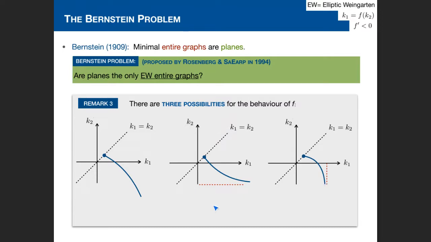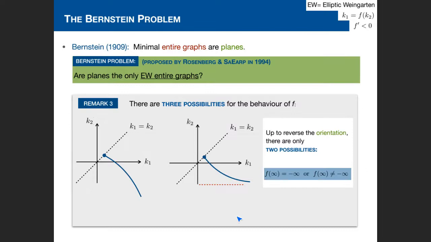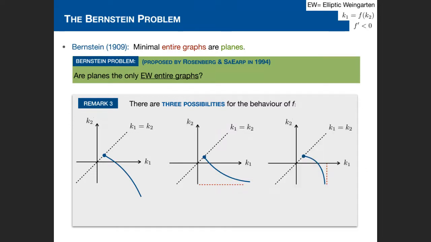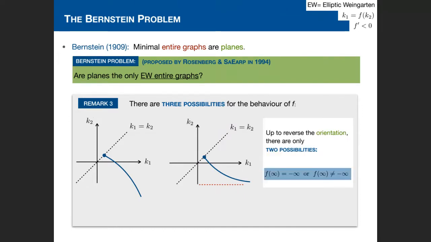So actually, up to reversing the orientation, these two cases we have here, this and this, are equivalent. So if we change the orientation, then we go to the other case. So up to reversing the orientation, we are going to assume that we only have two possibilities. Either f is bounded at infinity or f is not bounded at infinity. Okay, and observe that the uniformly elliptic case is of this type. f is not bounded at infinity.